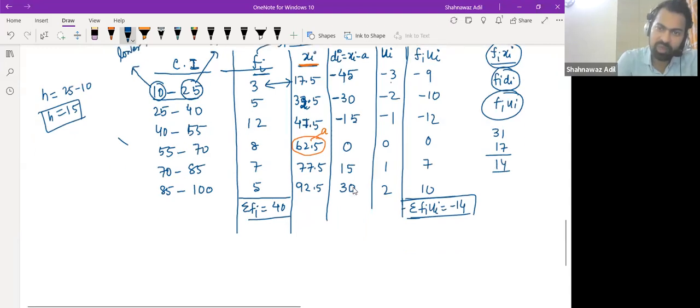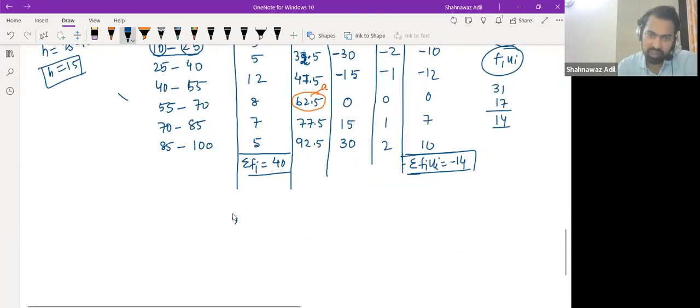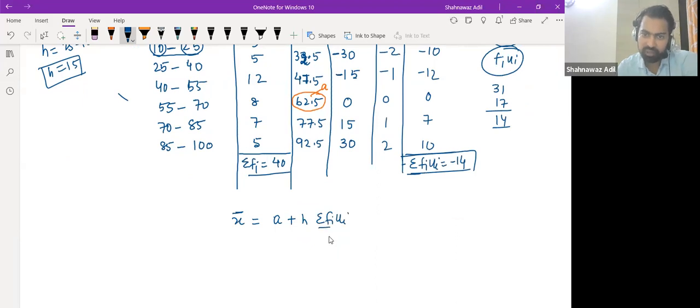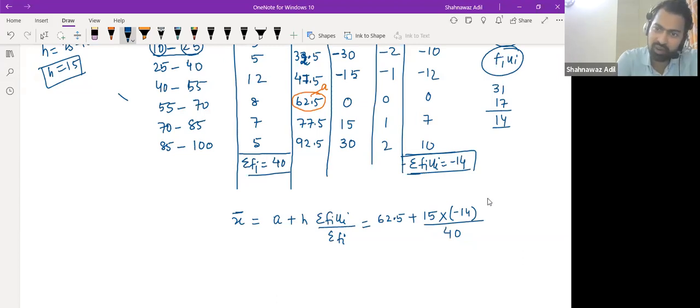So in the step deviation method, you calculate the mean as a plus h times summation fiui divided by summation fi. So a we know is 62.5, plus h is 15, and then ui, that is minus 14 divided by 40, right? So this is how much?